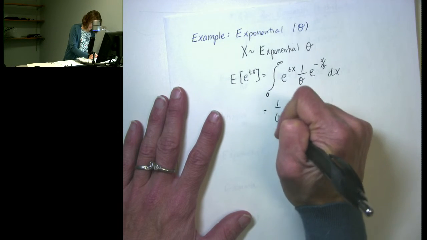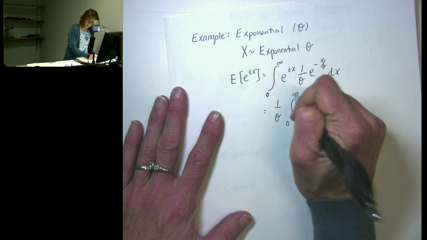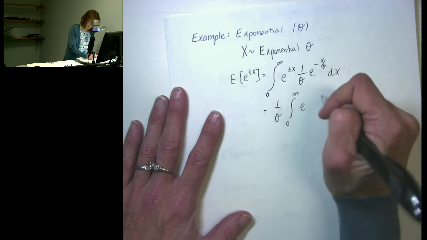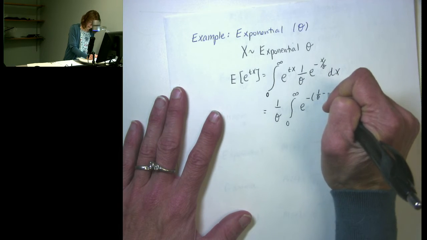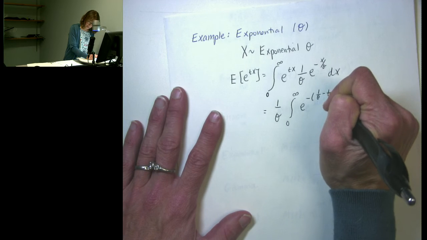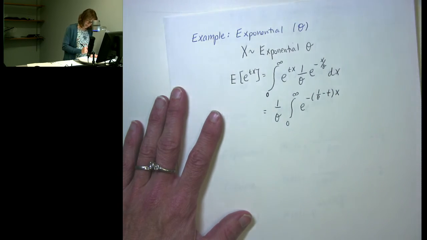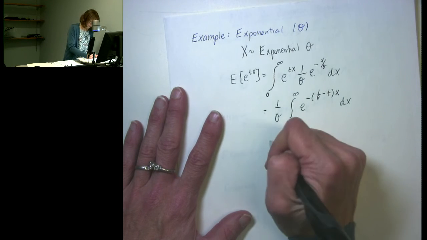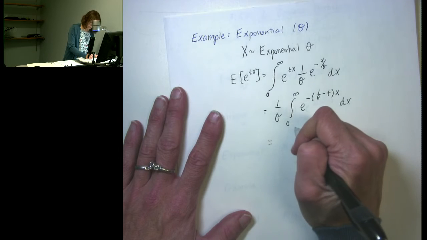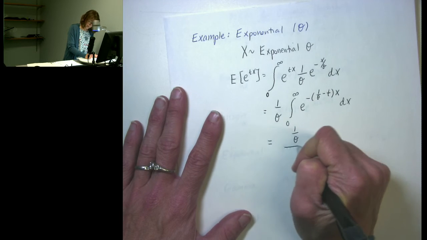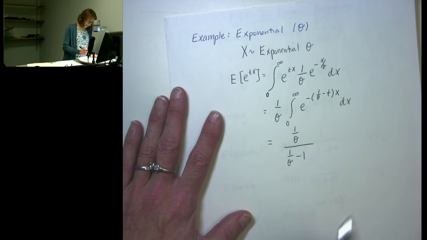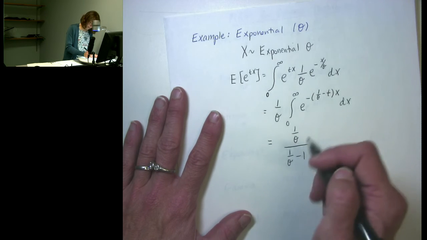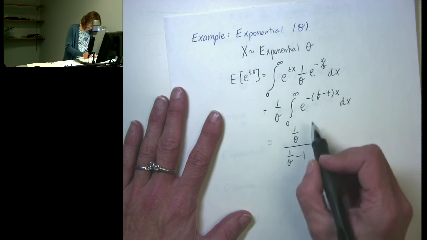which gives me 1 over theta times the integral from 0 to infinity of e to the minus 1 over theta minus t times x dx, which is going to give me 1 over theta divided by 1 over theta minus t. Sorry, let me just look at this.